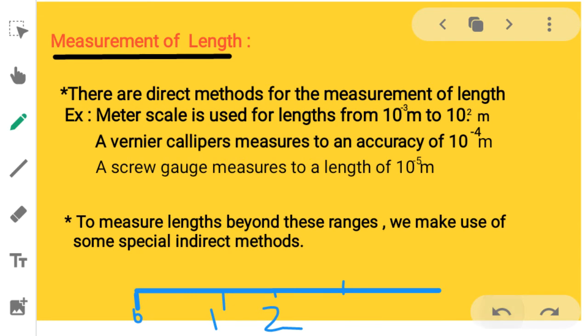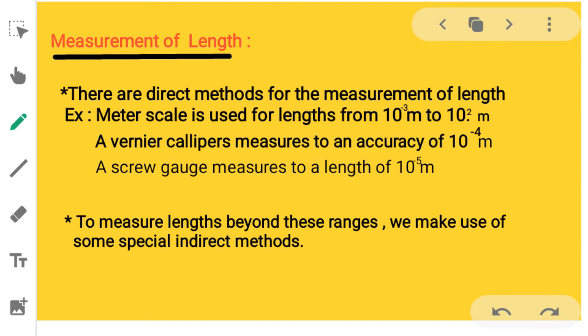Now, what is a screw gauge? A screw gauge is also a type of small instrument where we can measure lengths down to a range of 10 raised to minus 5 meter. We usually call it the micrometer screw gauge. Its least count is 10 raised to minus 3 centimeter.